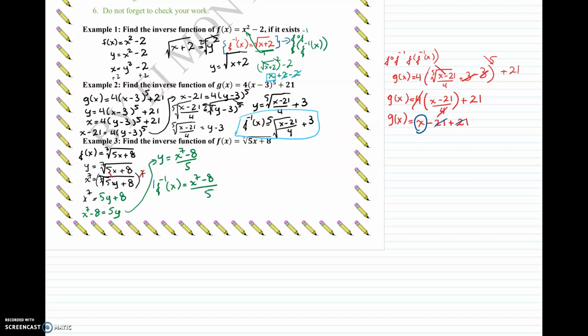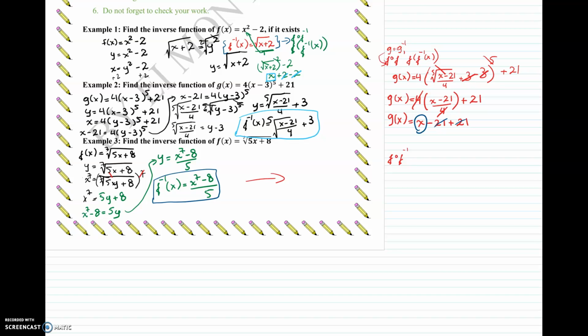Now we got the solution, but we want to make sure whether it is actually an inverse function or not. So let's try it over here. So f of the inverse. Well, actually, over here, this is supposed to be g of g inverse, but I'm not used to it with f of x, so sorry about this.